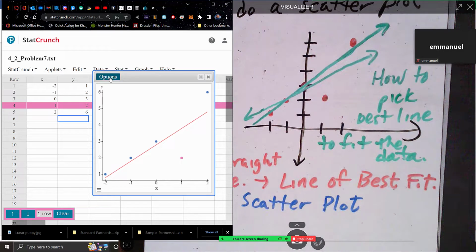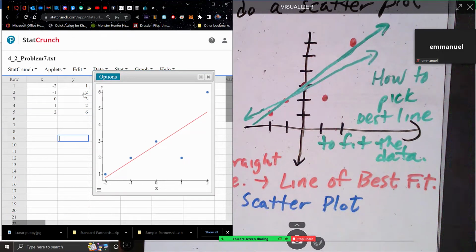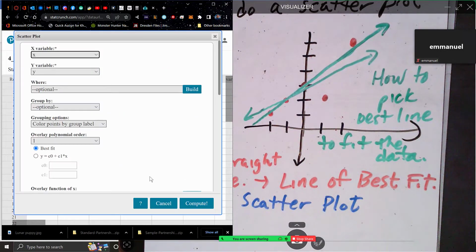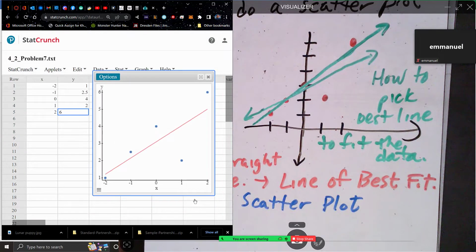Let me change the numbers a little bit and do something a little bit different. And I'll recompute, because I want to show what's going on here.